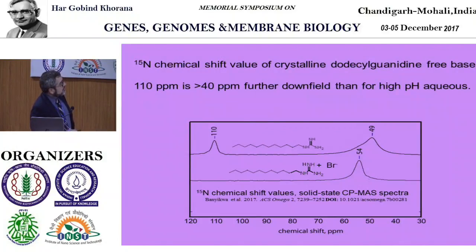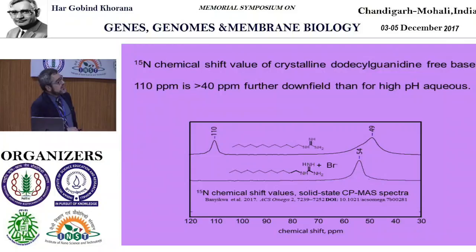We can see this also from N15 chemical shift values, which have never been observed before. For the dodecyl guanidine free base, you can see the nitrogen corresponding to the imino group at 110 ppm downfield. This is the amino nitrogen at 49 ppm.